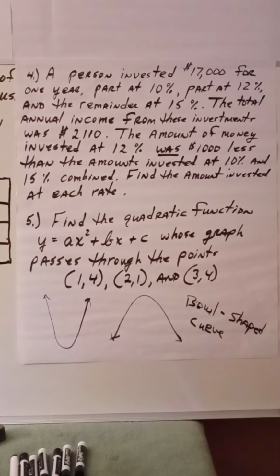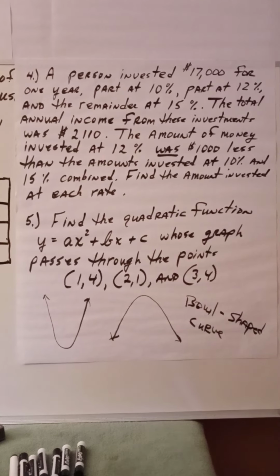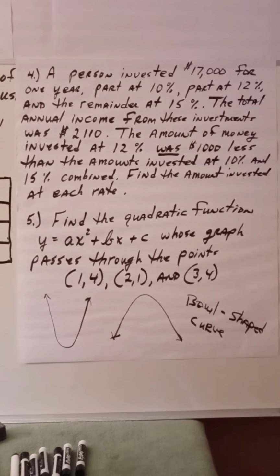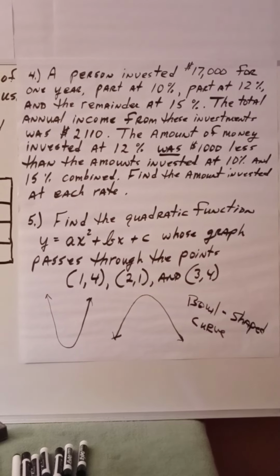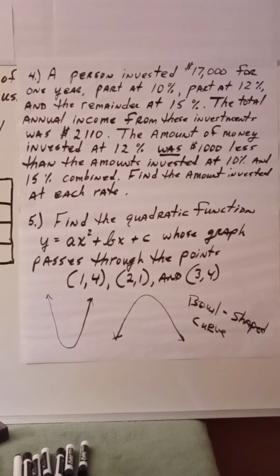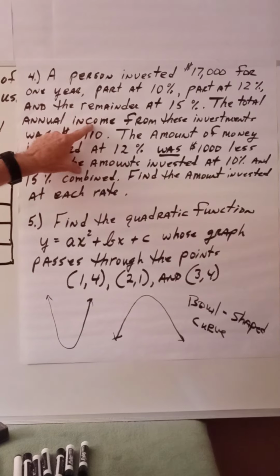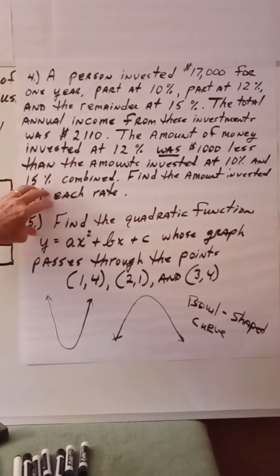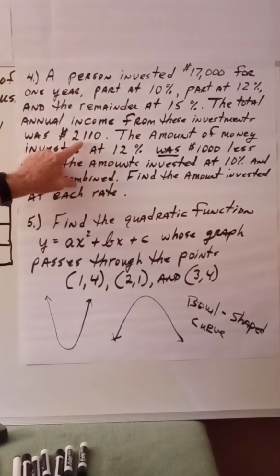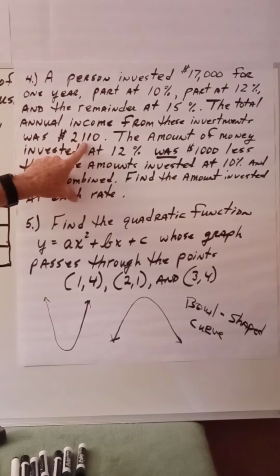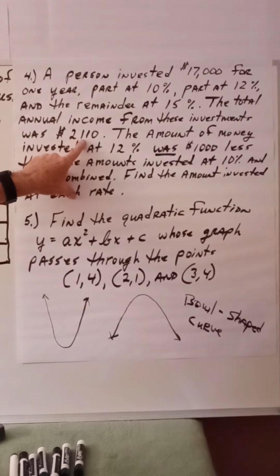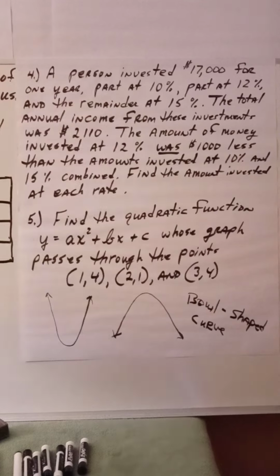So 3 different interest rates because there's 3 different investments going into the bank. The total annual income from these investments was $2,110.